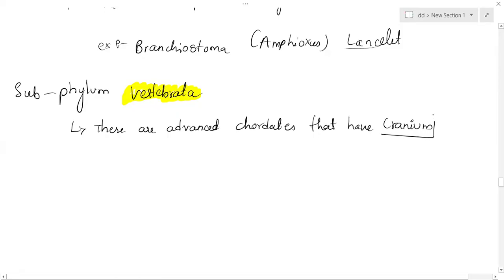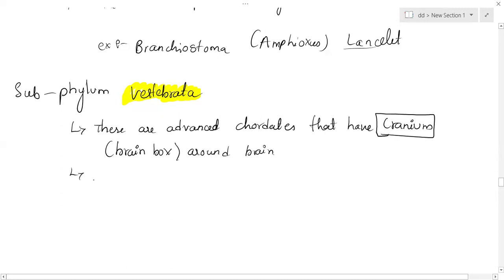Cranium is a very important word. Cranium is nothing but a brain box. Simply, we can call it a brain box that is around the brain.